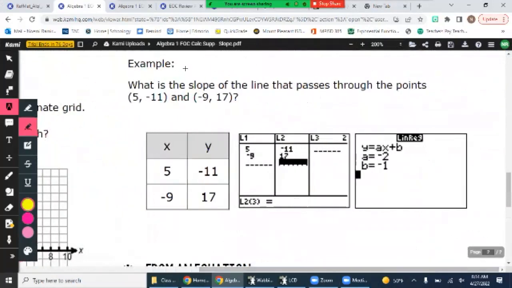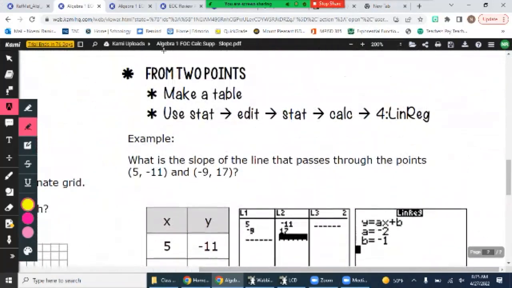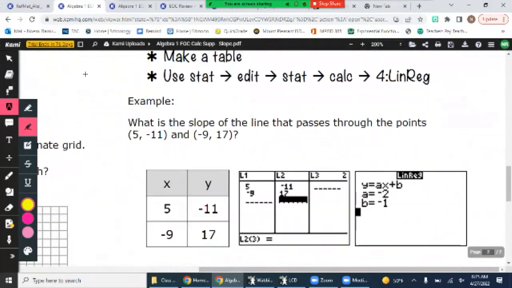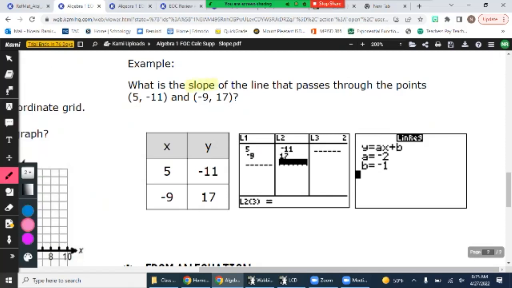Next, say they give you 2 points. Same thing. You can make your own table. Just because they give you the points separately doesn't mean you can't put it into your own table. And I've already created that table for you. I put it into L1, L2. And because it's asking for slope, we know automatically slope is only associated with straight lines.